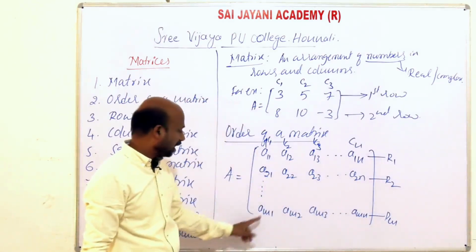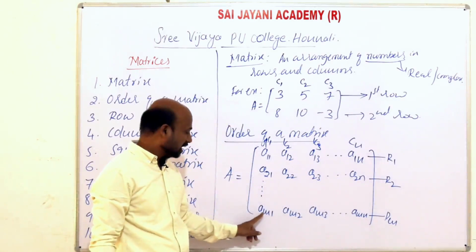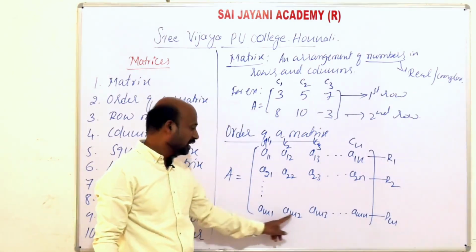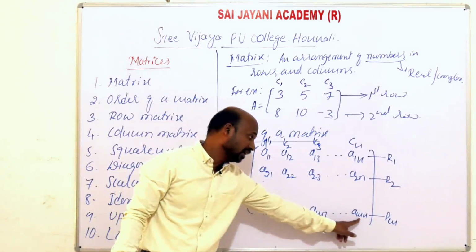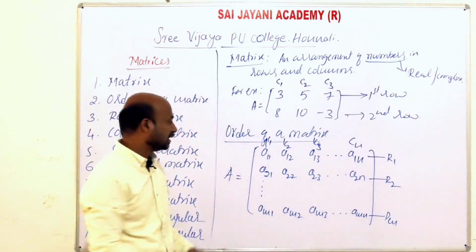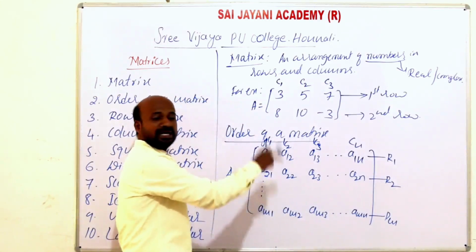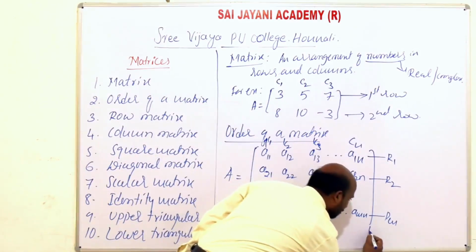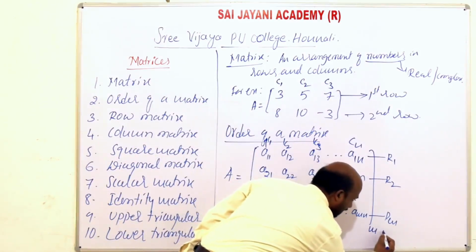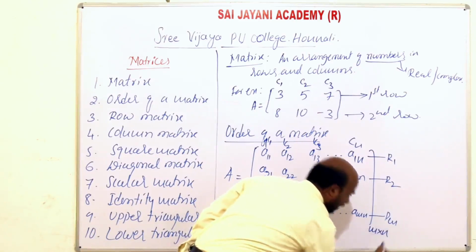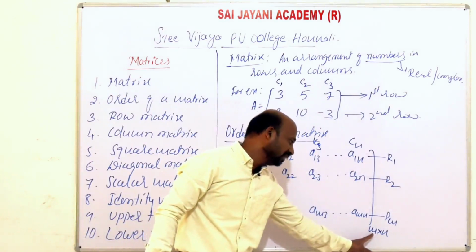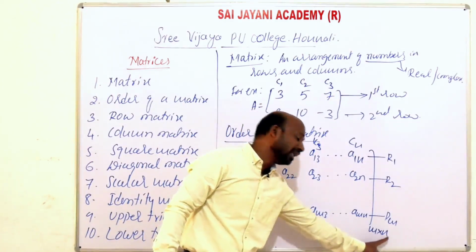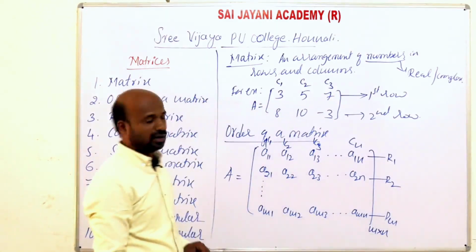So in general, am1 means mth row, first element, mth row, second element, mth row, third element, and this is the mth row, nth element. It means that this matrix has m number of rows and n number of columns, denoted by m by n. M indicates the number of rows and n indicates the number of columns.